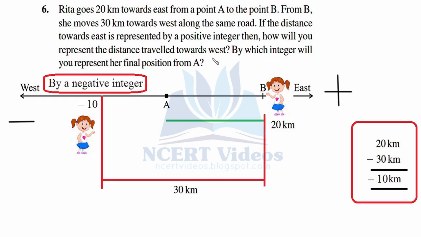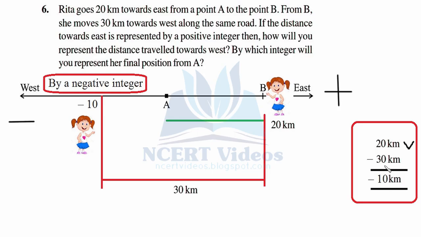By which integer will you represent her final position from A? Well, we have to calculate it. Initially she is at A, she moves to B, that is 20 kilometers. We write 20 kilometers in plus sign, because it is told to us that this side is plus. Now she moves towards west, which has to be taken as negative. So 30 kilometers, you have to subtract it.